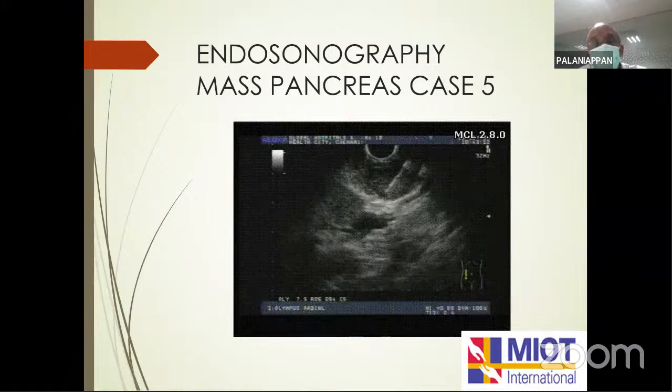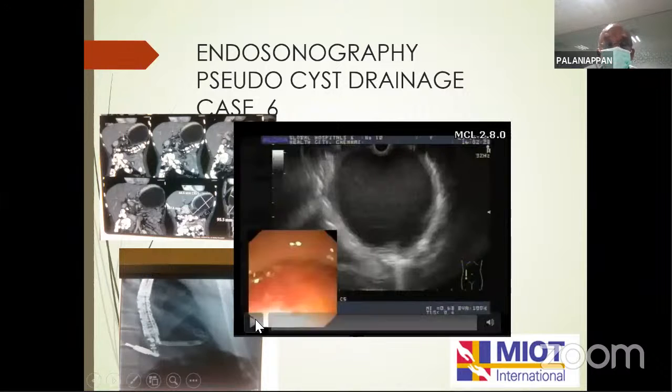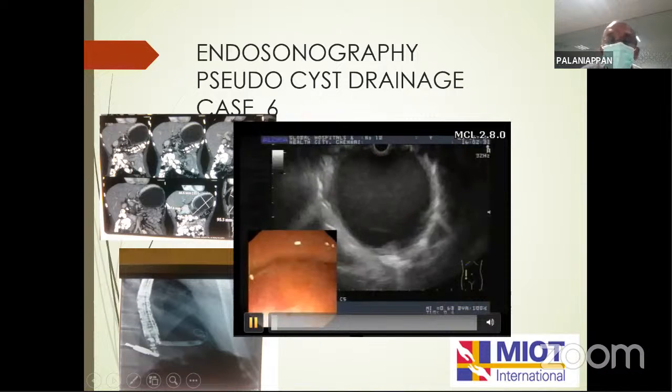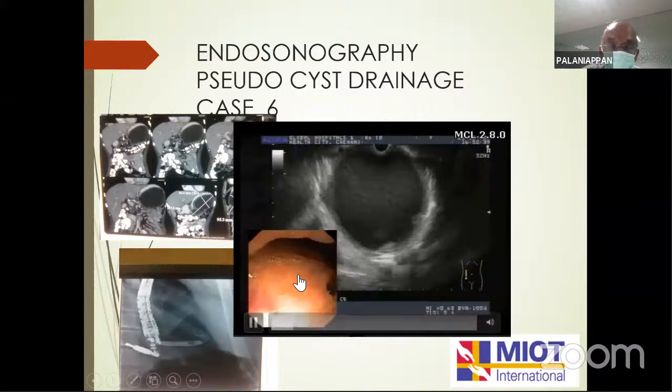I have spoken about the diagnostic uses of endoscopic ultrasound. What therapy can we do? A patient with a pseudocyst in the pancreas, and this is the scope. We screened the cyst, and from the stomach, with the endoscopy view and the endosono view, you understand? From the stomach, we punctured.